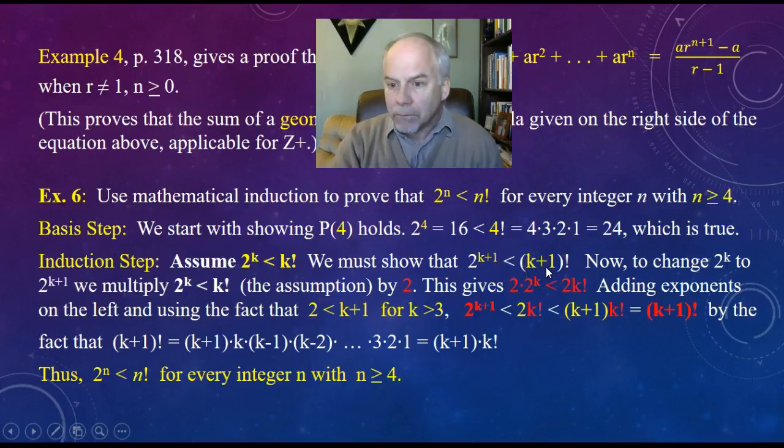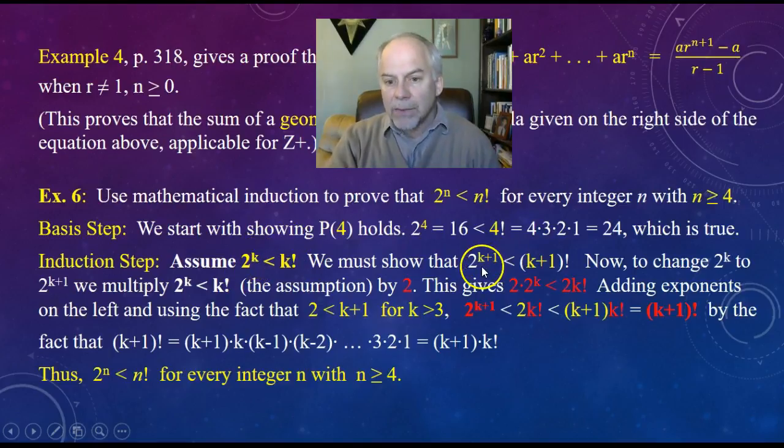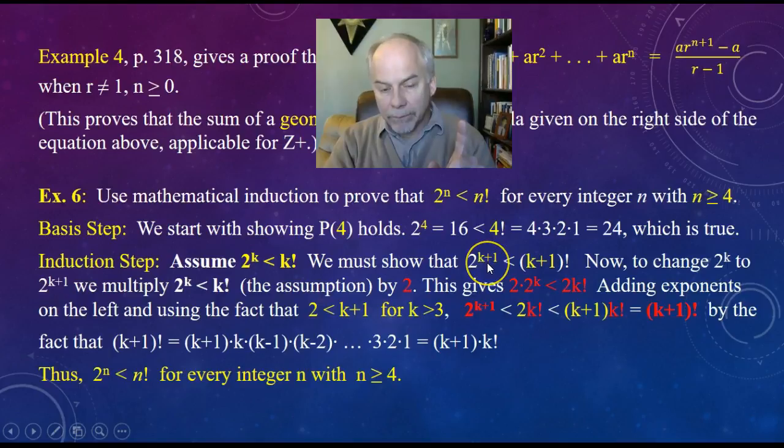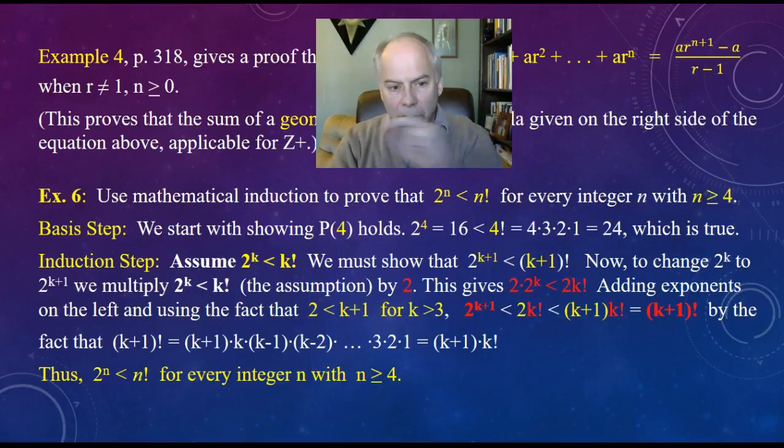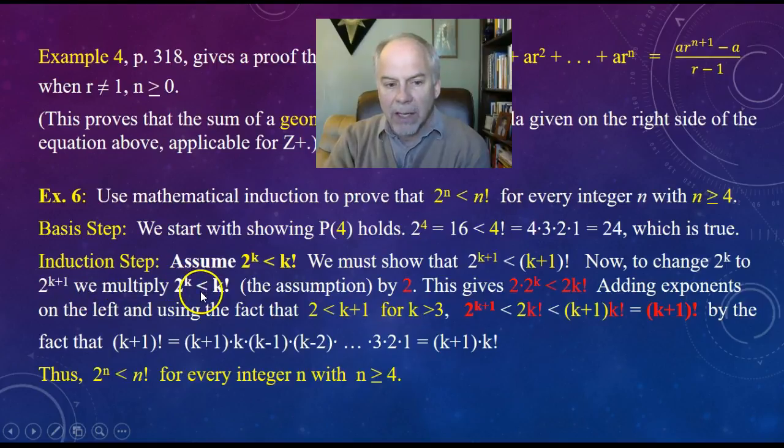All right? Now, how would we change the left side, 2 to the k, to be 2 to the k plus 1? Well, it has the exponent increased by 1, so that means we need to multiply by 2 to increase the exponent by 1. All right, so that's what this says. We multiply the assumption in yellow, 2 to the k is less than k factorial, by 2.